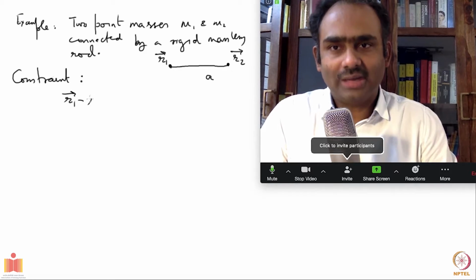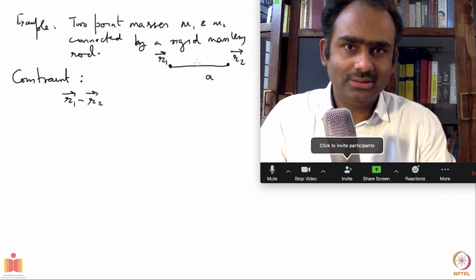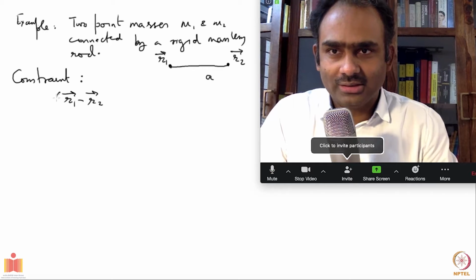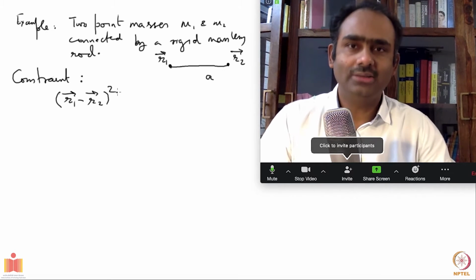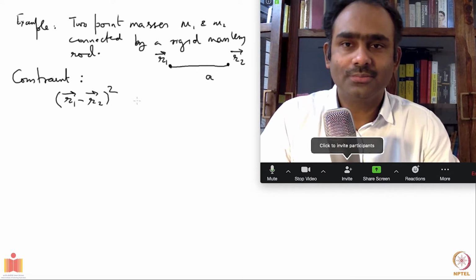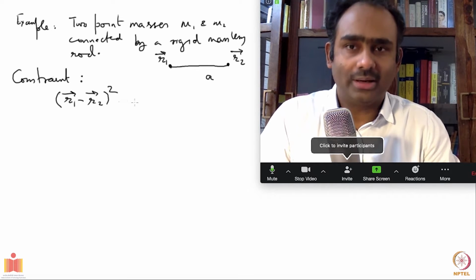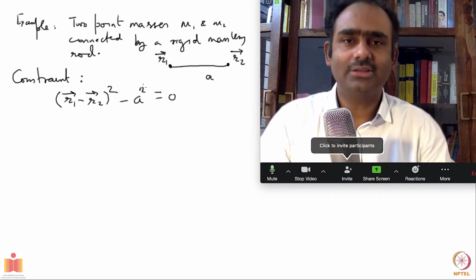So the constraint is (R1 minus R2) squared, that gives you the length of the separation between R1 and R2, is equal to A squared, or (R1 minus R2) squared minus A squared equals 0. That's your equation of constraint.